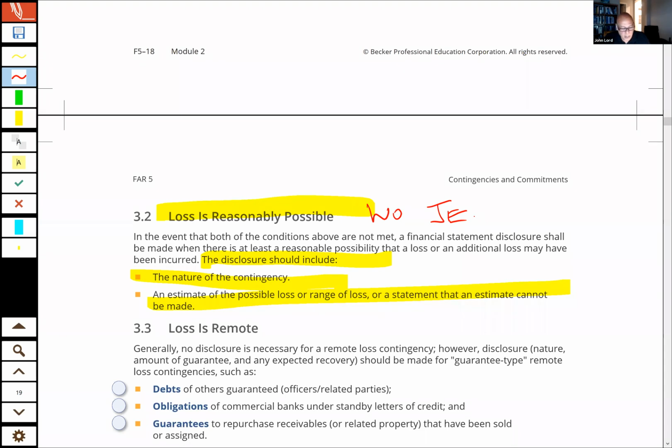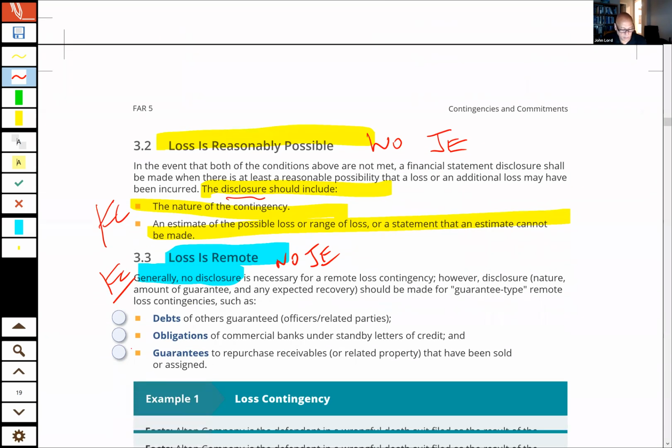We do not credit liability for a loss that is reasonably possible, but we do disclose, and you can see the rules around the disclosure there, so you can flashcard that. If loss is remote, don't do anything. No disclosure and no journal entry. No JE, no journal entry.